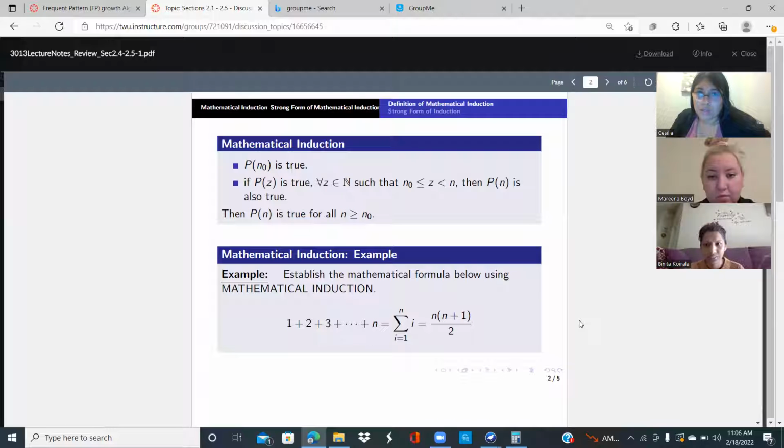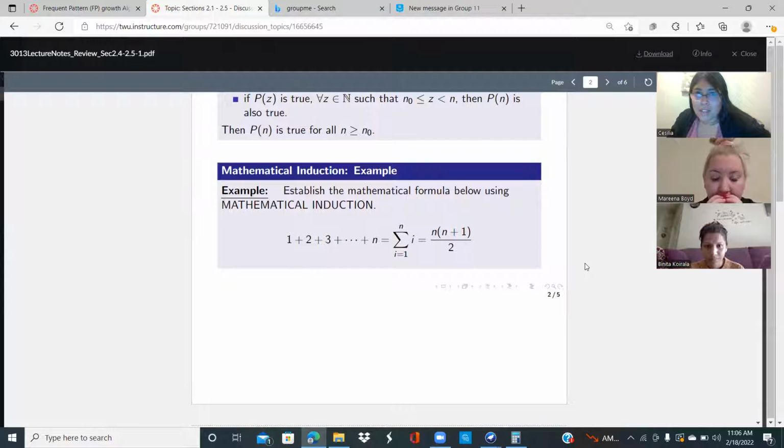Then P of n is true for all n, and so forth. So this really isn't an example, it's just a general statement. This is the formula setup, and underneath is an actual example. It's a little different than what was shown in the book.